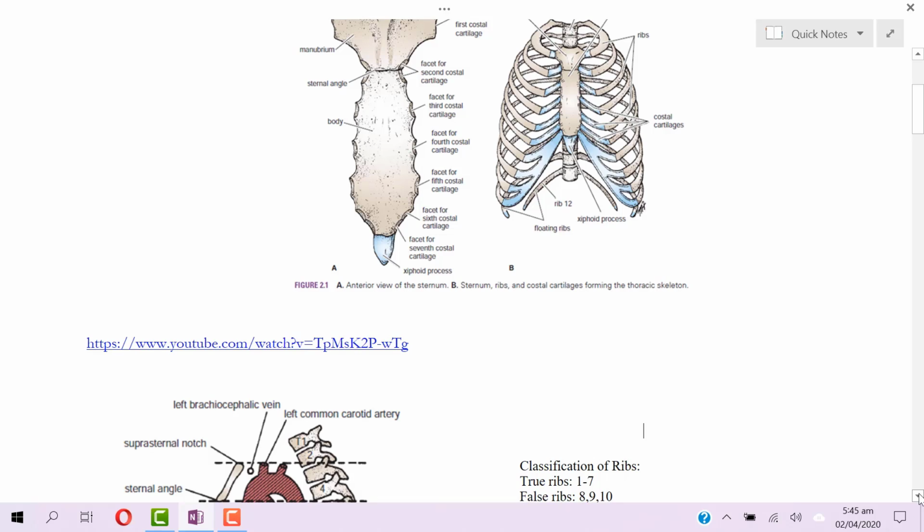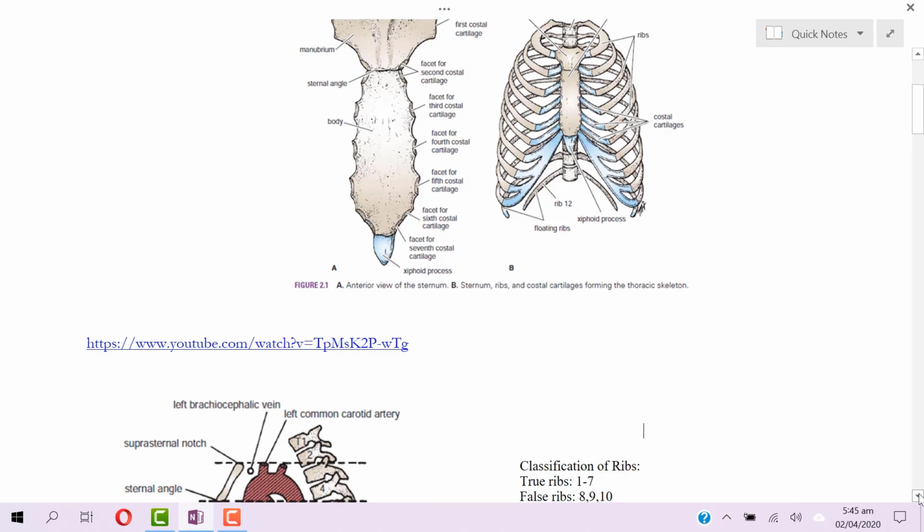I will tell you one point about the clinical part of the sternum. There is a term called sternal puncture. The sternum is a cancellous bone, lined by compact bone, and it has red hematopoietic bone marrow for the whole life. So if somebody has to do a bone marrow biopsy, they will do a sternal puncture.